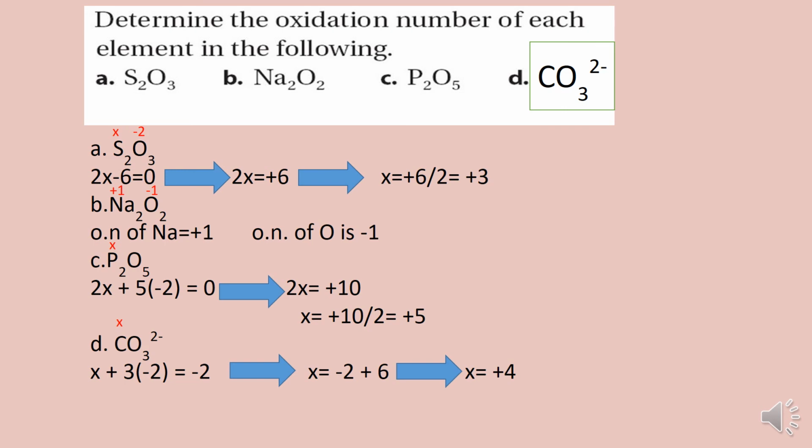So x, which is for the carbon, plus 3, for the oxygen that has 3 atoms, times -2 equals -2, which implies x equals -2 plus 6, and the oxidation number of carbon is +4.